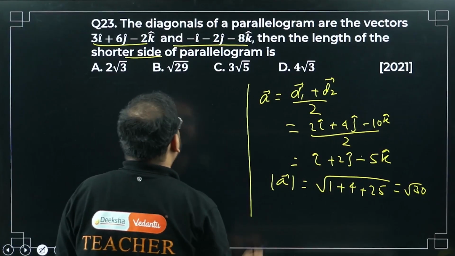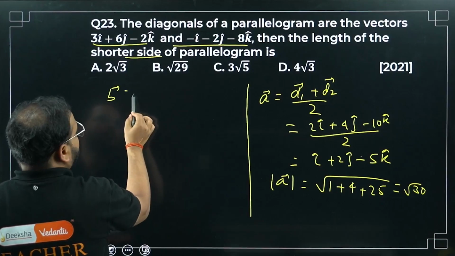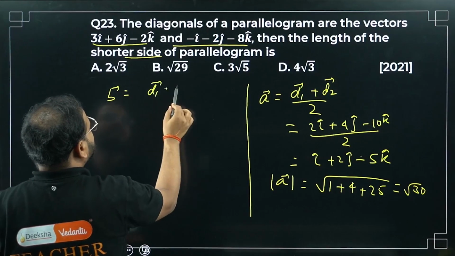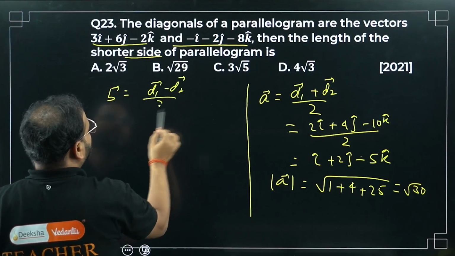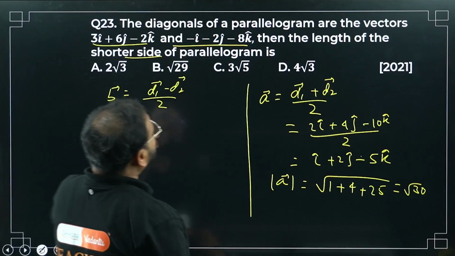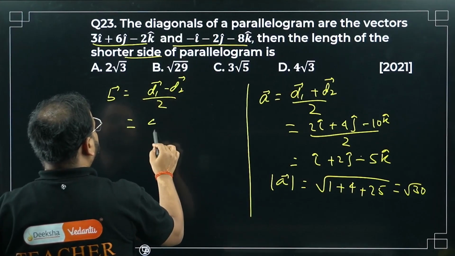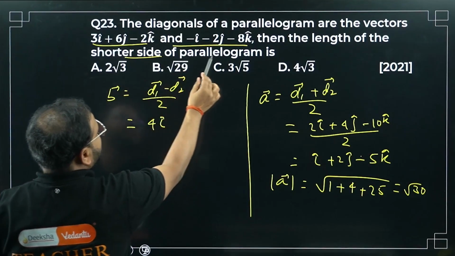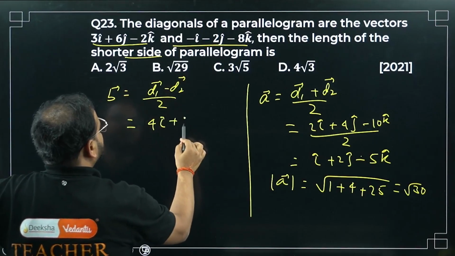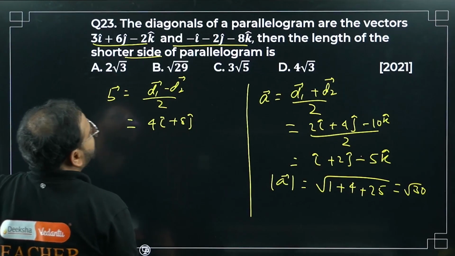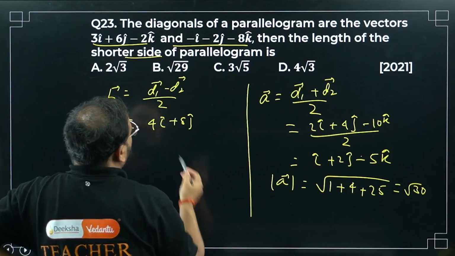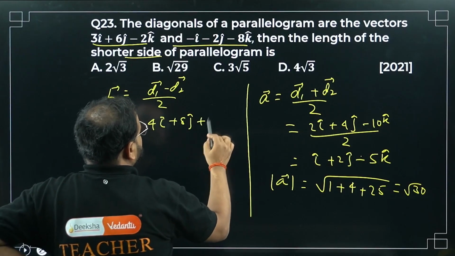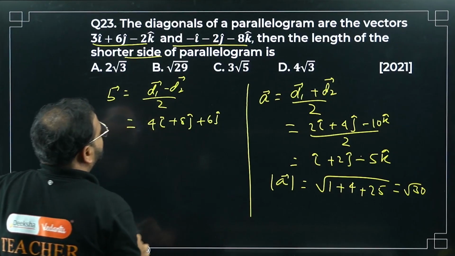We have another side, right? Vector B also. Write vector B again. Vector B will be what? D1 minus D2 by 2. Please check now in this case. 3i minus i, so 4i. 6 minus 2, so plus 8j. And minus 2 and plus 8. Minus 2 plus 8 is plus 6 j cap. Plus 6.